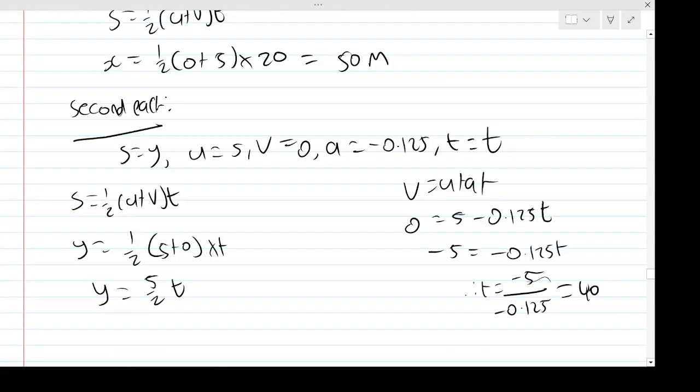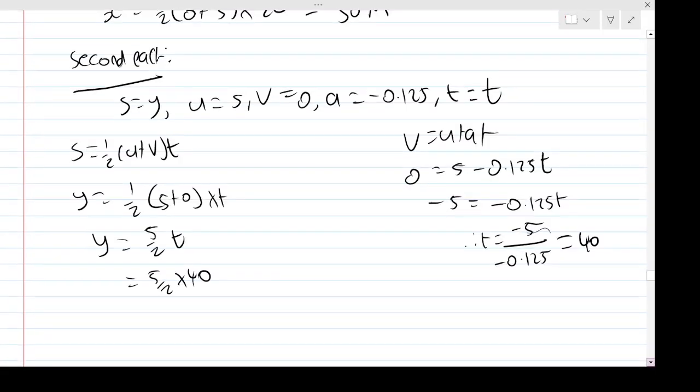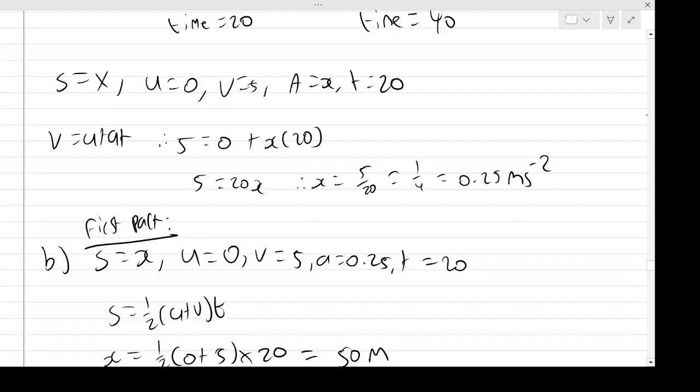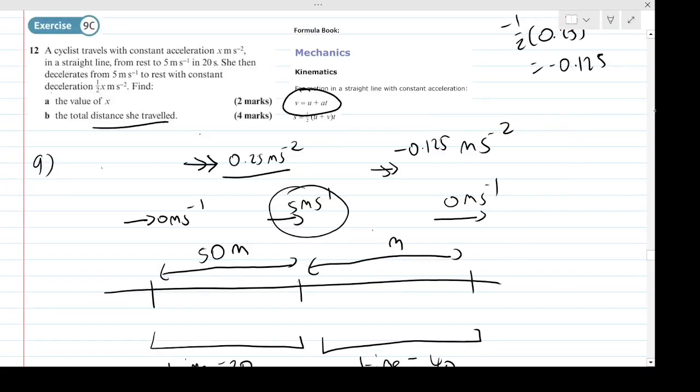Now I can sub T into here. So y is 5 over 2 times 40, which is 100 meters. So the distance of the second part of the journey is 100.